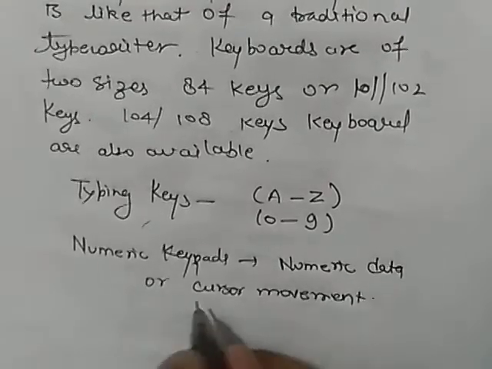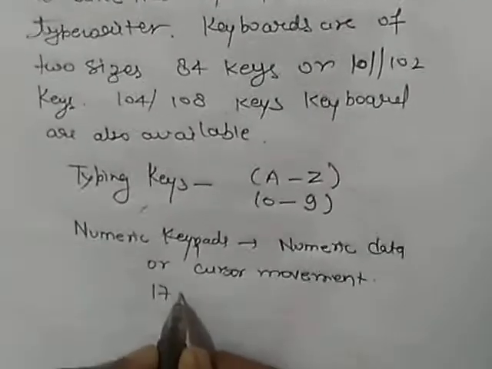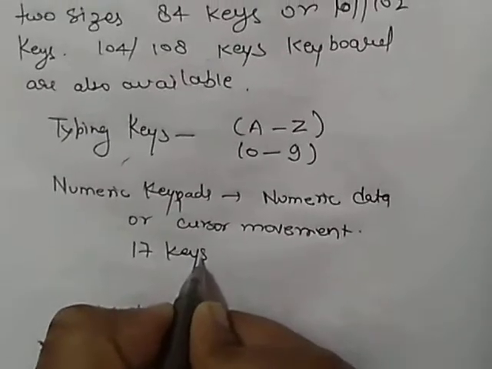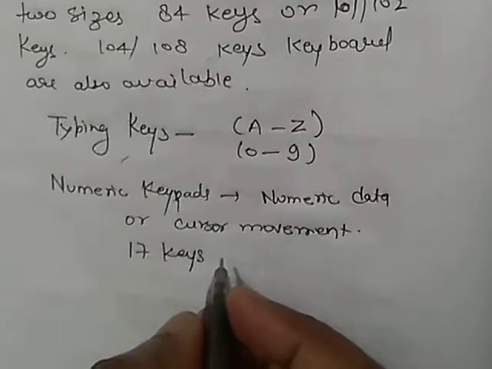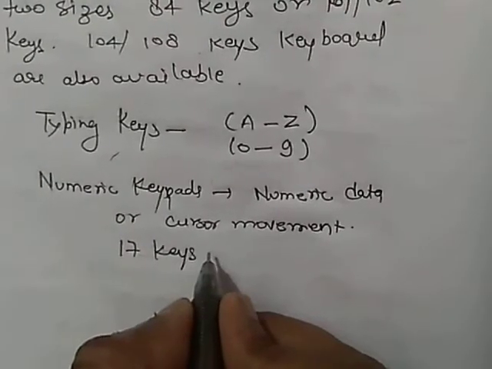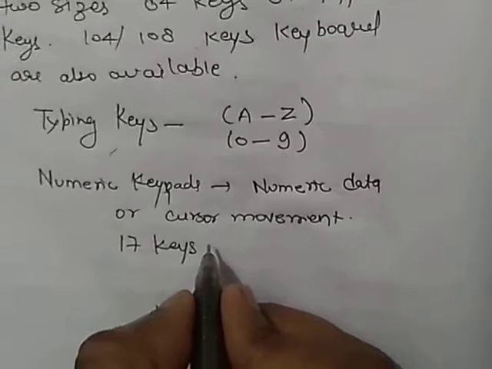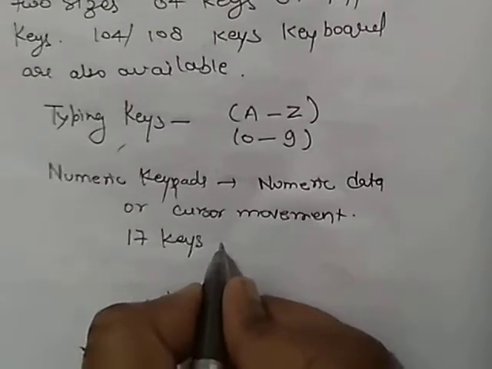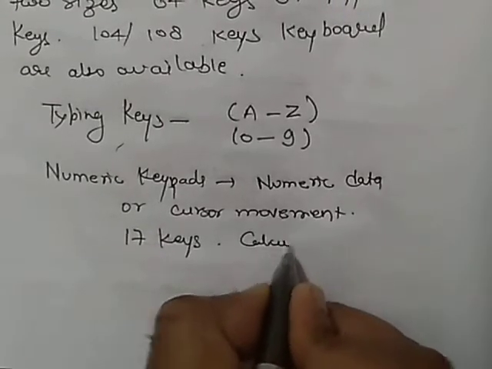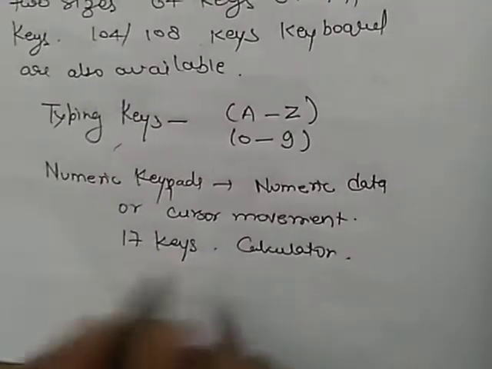It consists of a set of 17 keys that are laid out in the same configuration. Now in this, just like we have a calculator, is a good example of numeric keypads.